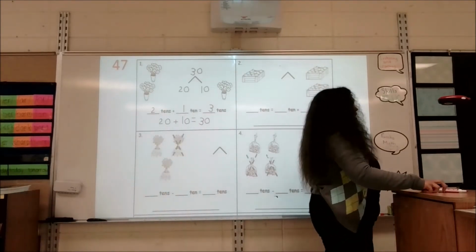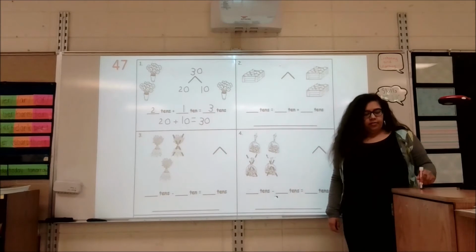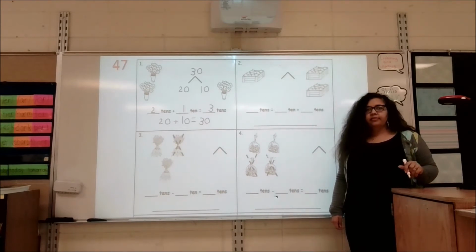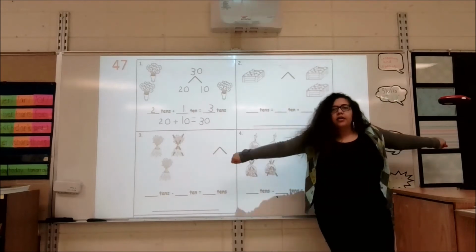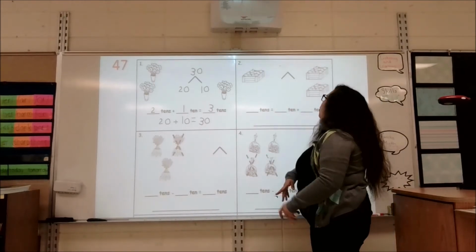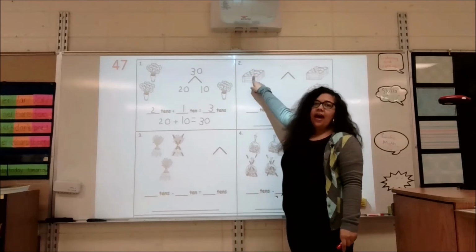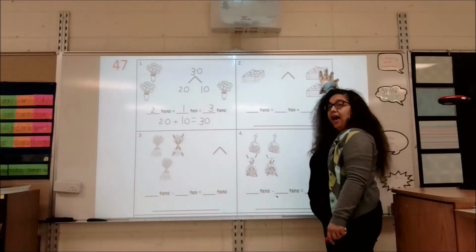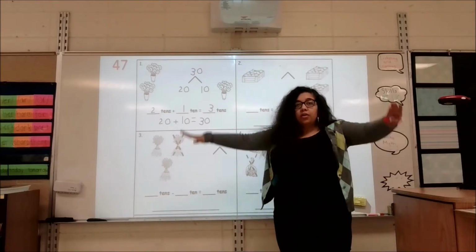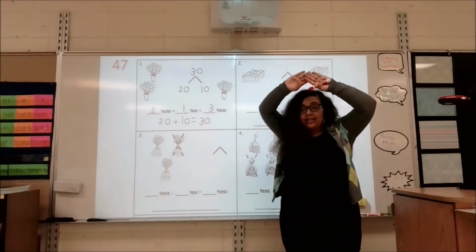So question number 2. Is this addition or subtraction? This is addition. I'm putting the parts together. So 1 basket of apples and 2 baskets of apples is equal to 3 baskets of apples.